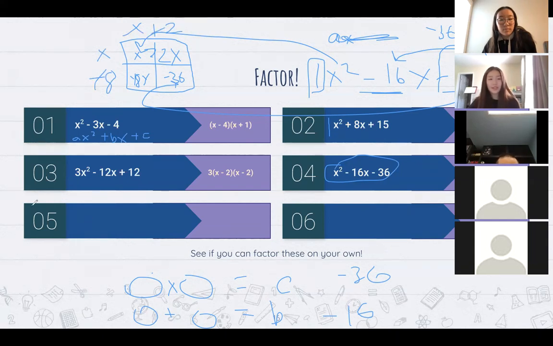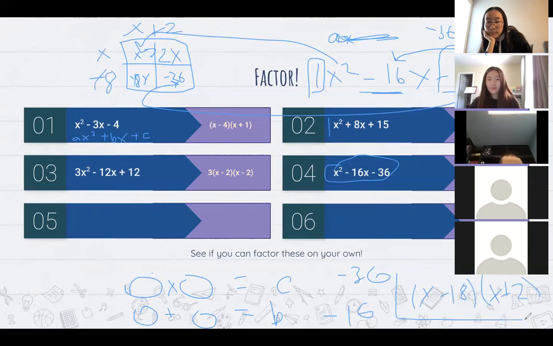Somebody said, I think it's that. Yes, Aniket, you're right. It's x minus 18 times x plus 2. Wait, no, he put x minus 18, x minus 2. It doesn't matter. Oh, whoops. No, it actually doesn't matter.